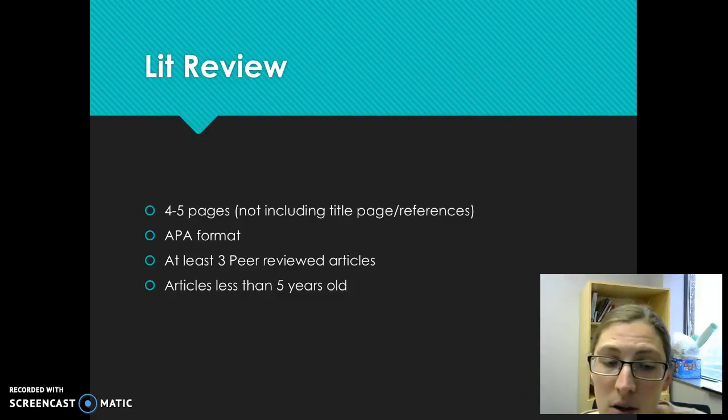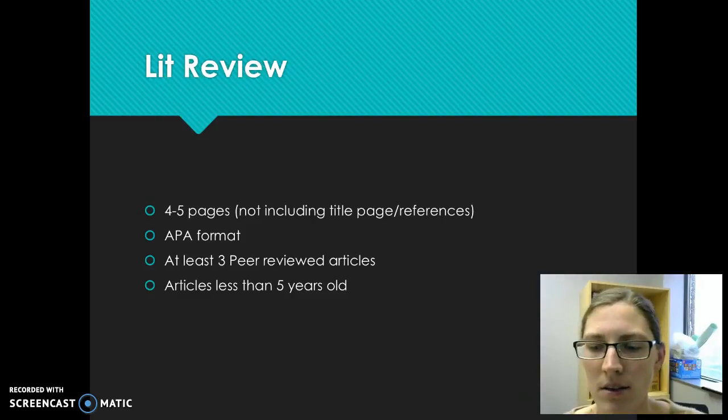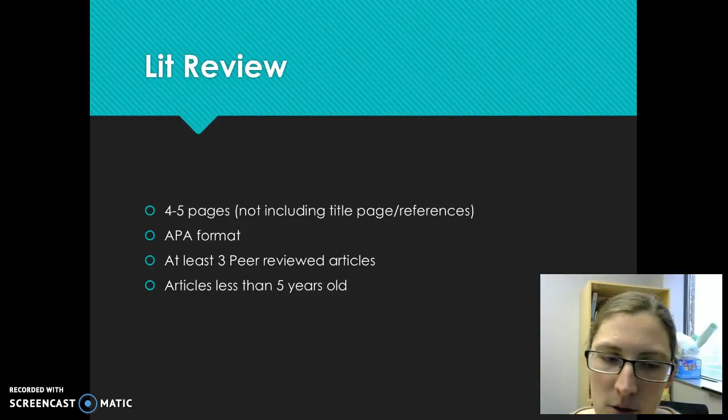If you are looking in your topic and you're finding nothing peer-reviewed, please see me or Emily, the librarian. It's possible that your topic is so new that you can't find the peer-reviewed articles. And in that case, we will help you find other articles, which you can use as long as they are from reputable sources, even if they aren't peer-reviewed.